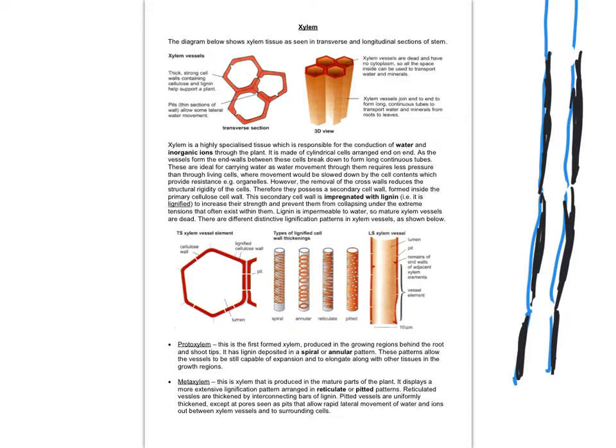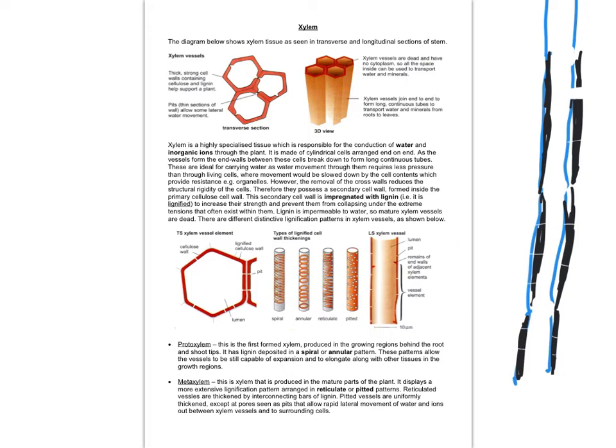Now, obviously water has to move out, and so there are pits in the walls to allow water to move out. There will be small pits at the side to allow water to move out of the xylem vessels.